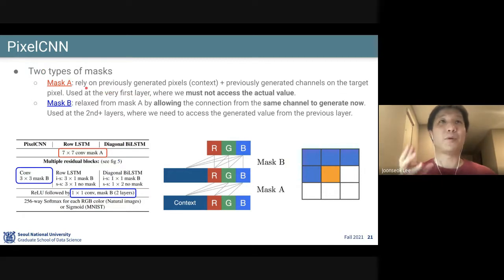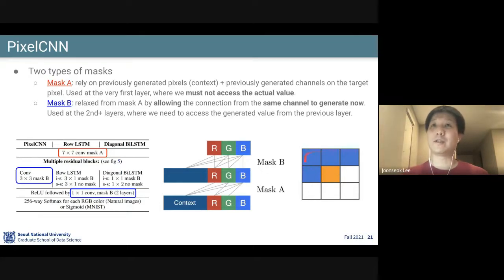Mask A makes more sense at the very first layer where we actually consume the actual image. When we have access to pixels directly in the input image, we must not look at what that value was. Otherwise, we are not going to learn anything. So when we estimate the probability distribution of the R, red color component of this pixel, what's the information given?